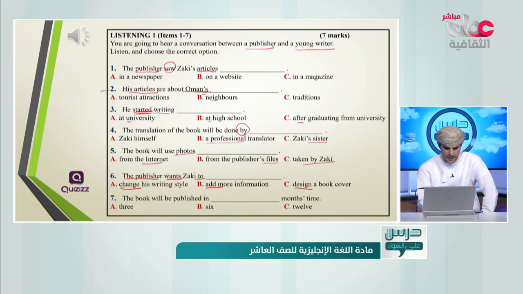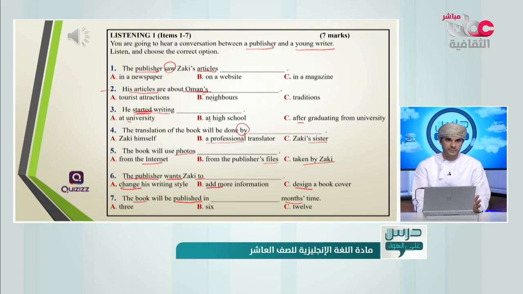Last question, number 7. The book will be published in 3 months' time, or 6, or 12 months' time. How many months does the publisher need to publish Zaki's book?